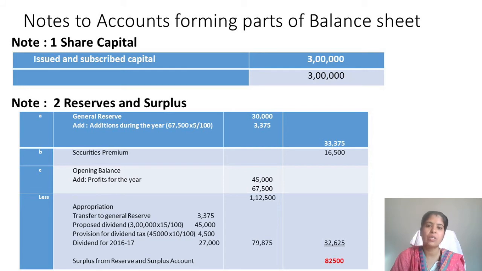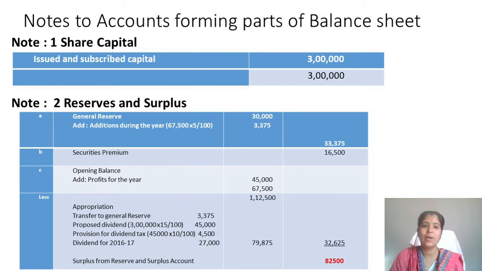On 67,500 into 5%, so 3,375. 30,000 plus 3,375 is total 33,375. This is in the outer column. Securities premium is already given in the trial balance, 16,500.